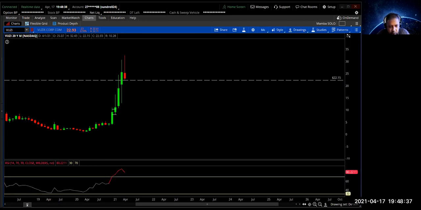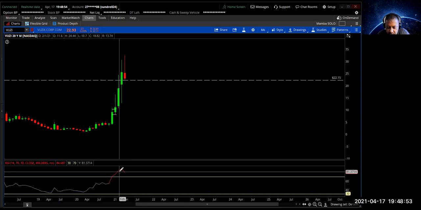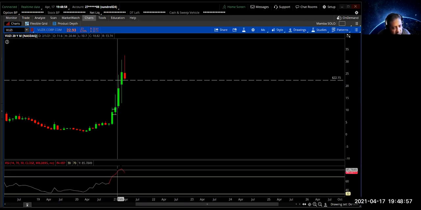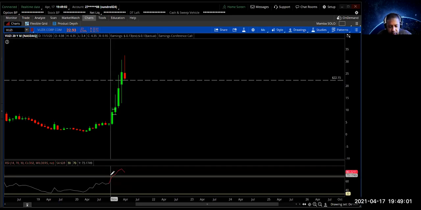Now, the significance of this is it's an additional tool to put in your overall assessment package of what you're looking at. Just because it breaks above 70 does not mean it's immediately going to sell off. It just means, hey, be cautious. We might be overextended.